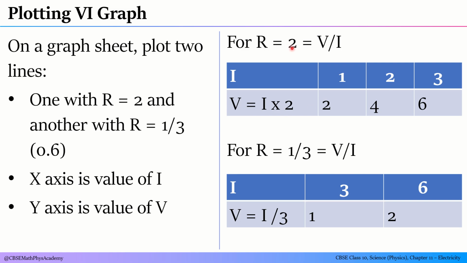For resistance equal to 2, V is equal to 2 times I: when current is 1, 2, 3, voltage is 2, 4, 6, because they have a relationship of 2. Similarly, when it is 1 by 3, you should ideally take 3 values, but for simplification I'm just taking 2 values. The values of I would be 3 amperes and 6 amperes, and the voltage is 1 and 2 volts.